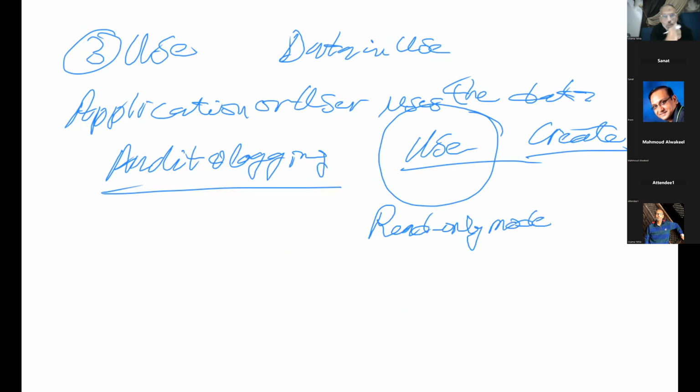What will happen if I make some changes in this data? Now I have the application and I change the salary of some specific person from $1,000 to 1,500. The new data should be in which phase? Use phase or create phase or another phase?